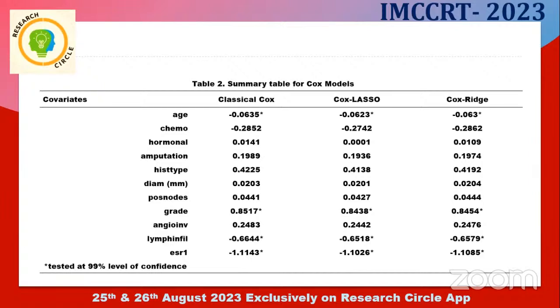On the other hand, if the coefficient is positive, that suggests that this particular variable has a negative effect on the survival of our subjects, meaning these variables put our subjects at risk of not surviving. Okay, so basically that's how it goes.